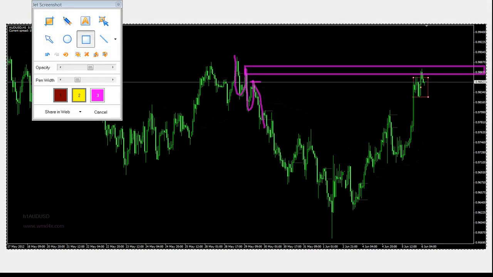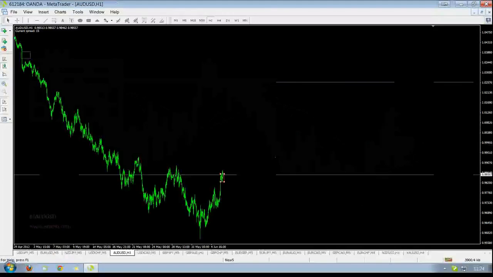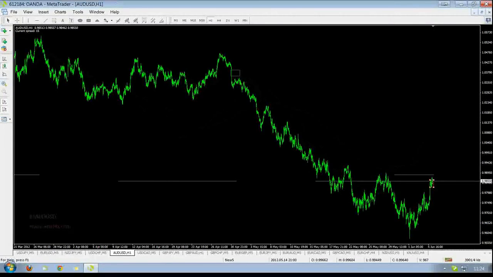Yes, she's at resistance. There's more than one reason to be looking at resistance here. There's actually a trend wall which is in play on the hourly. It's in play if I can find it.